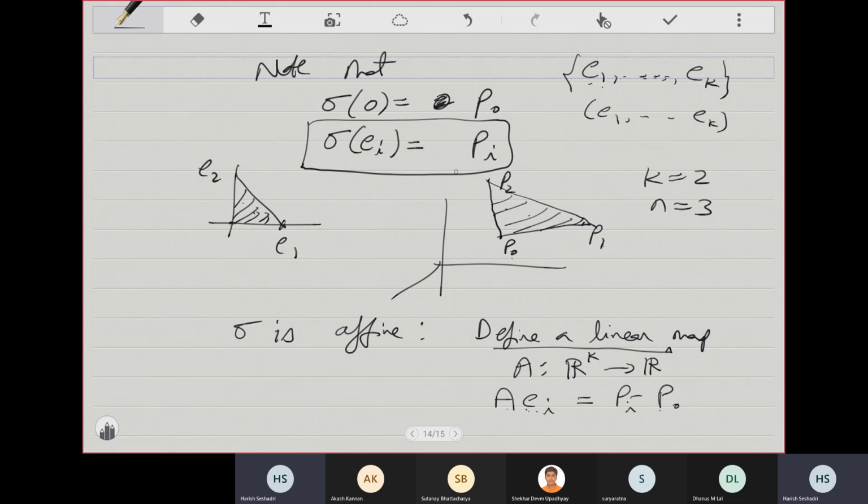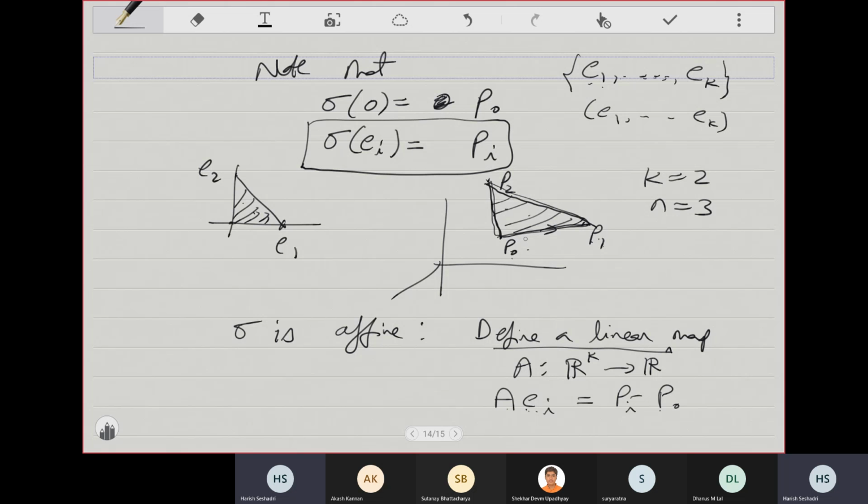then this new triangle that we get here also has an orientation, in the sense that P0 comes first, P1 comes second, P2 comes third. So it's not just a triangle here.